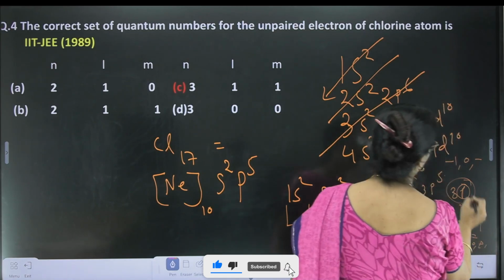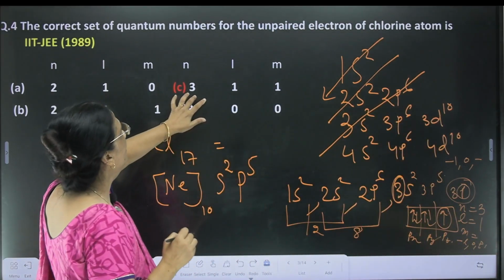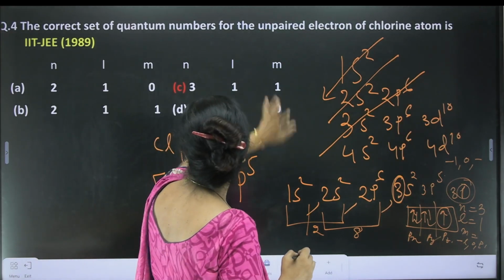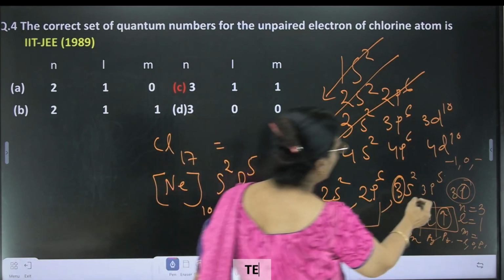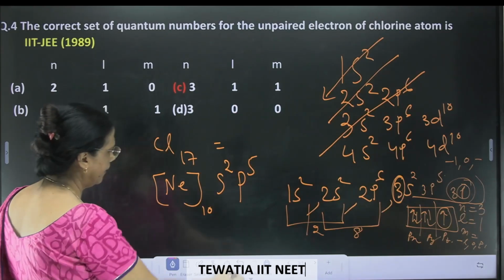So your quantum numbers are n is equal to 3, l is equal to 1 and m is equal to 1. This is your answer. So from this electronic configuration you can know very easily.